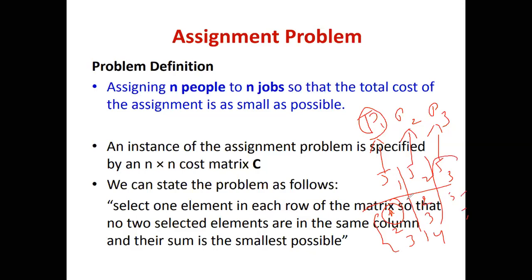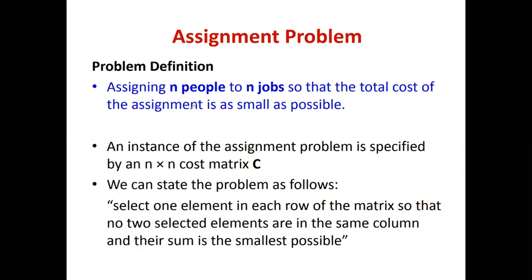Each job has different costs for different persons, correct? So you need to find a solution such that assigning jobs to persons leads to the smallest cost. So total cost should be as small as possible. So this is the problem statement. I hope you understood the problem statement, right?